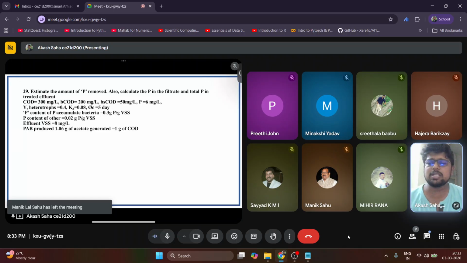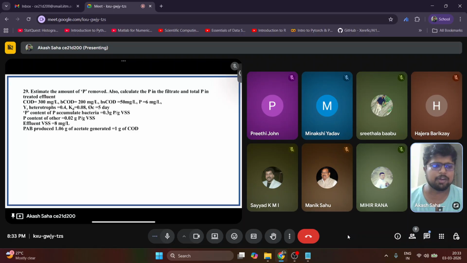It is about calculating how much phosphorus we can remove. In the filtrate, we have to calculate how much P is there, and how much P is there in the treated effluent. Basically, the phosphorus accumulating bacteria have some capability to take up phosphorus, and some other heterotrophic bacteria also have some capability to take up phosphorus.